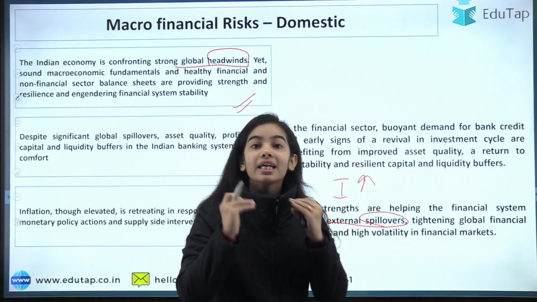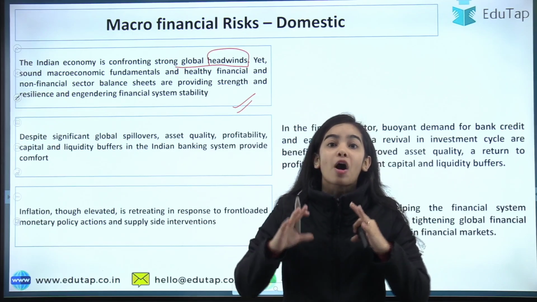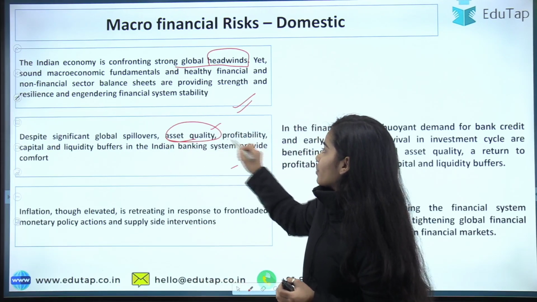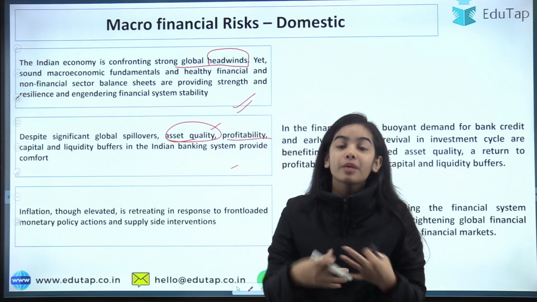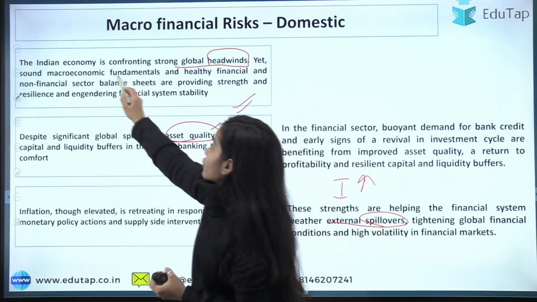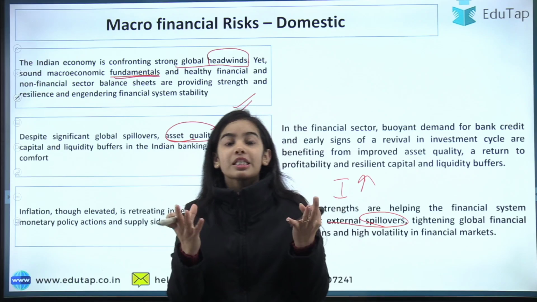But the Indian financial system and macroeconomic system have a very good foundation, due to which the asset quality is good, the profitability is good, and the liquidity buffers and capital buffers are good. So these are providing a good foundation to the macroeconomic situation of our country.